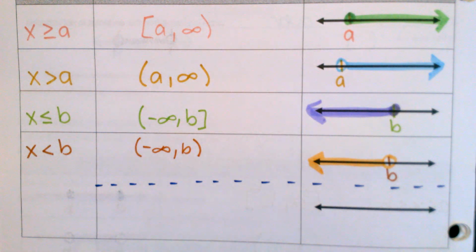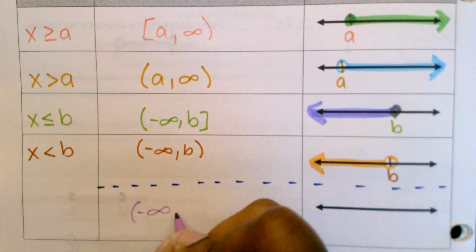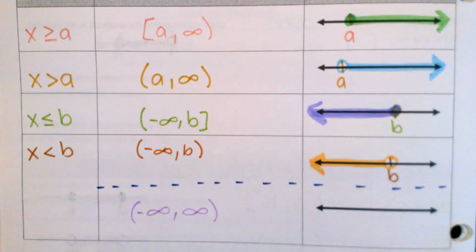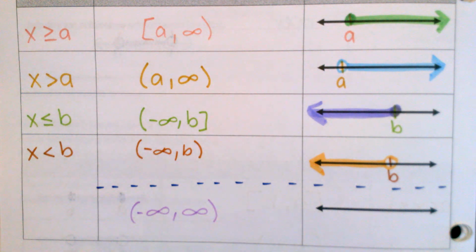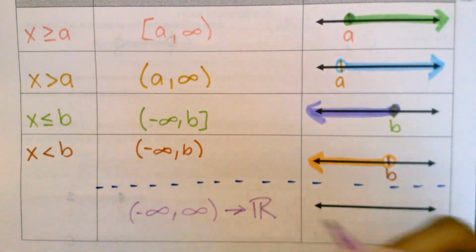So what if I have this awesome one, open parentheses, negative infinity, positive infinity. Am I ever going to see any brackets here? No. That is absolutely correct. So whenever I see negative infinity to positive infinity, that means all my possibilities for x are all real numbers.